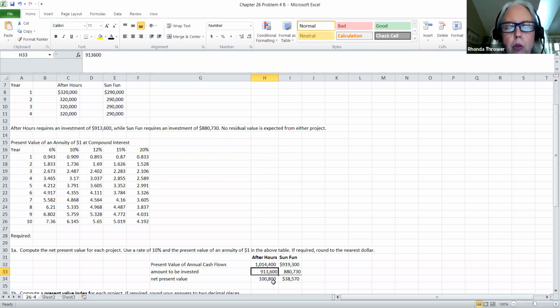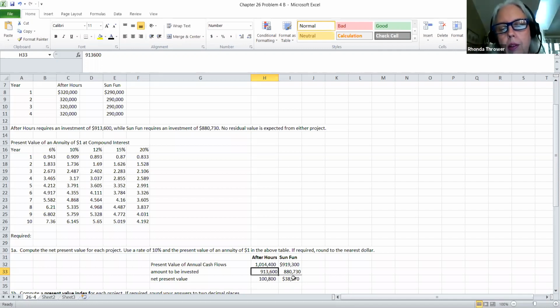The difference between these is what we refer to as net present value. These amounts, if they're positive, represent that you're going to bring in more money than what you've invested at the end of those 4 years.